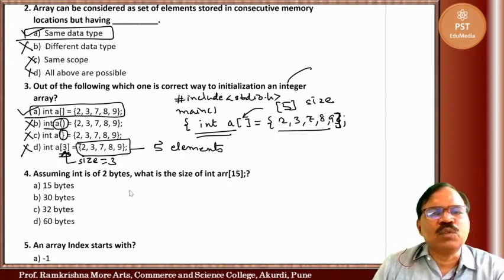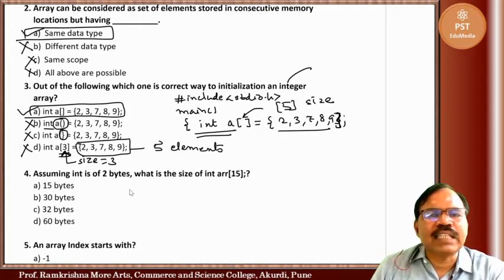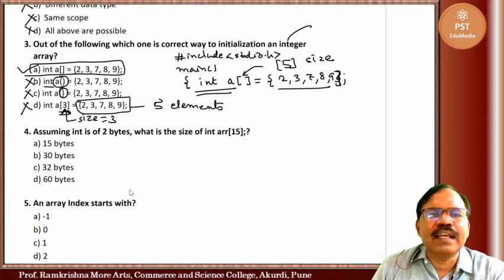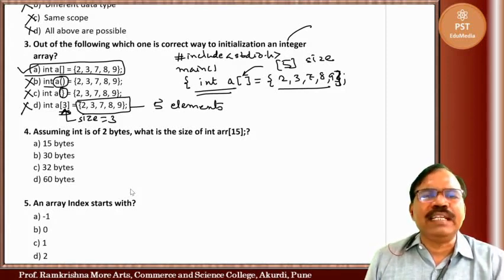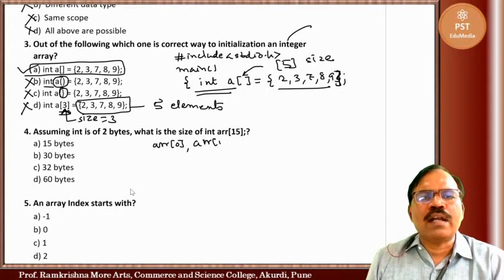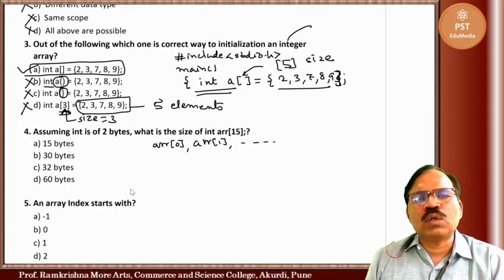Assuming int is of 2 bytes, what is the size of int arr[15]? So it is an array of 15 elements: arr[0], arr[1], and so on up to arr[14].